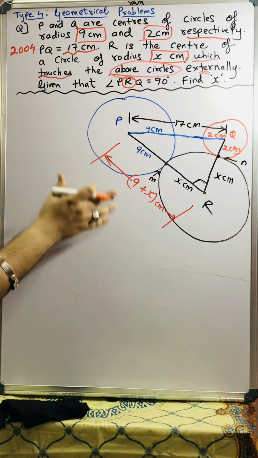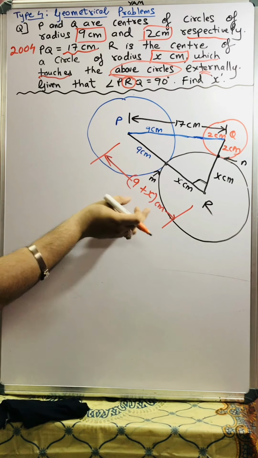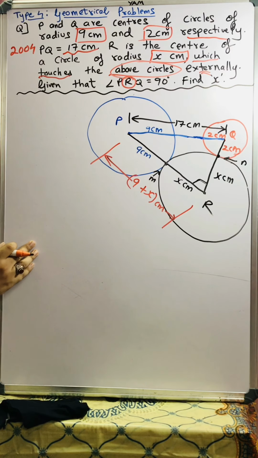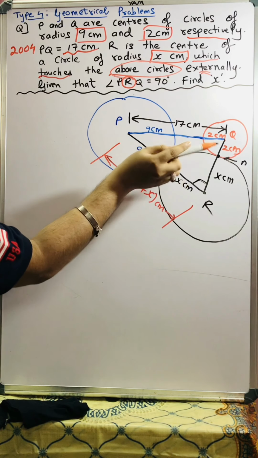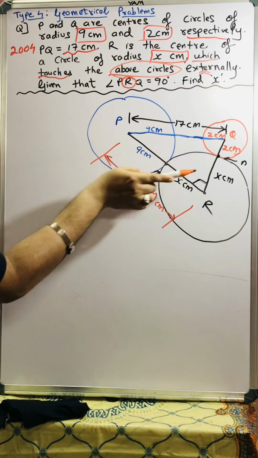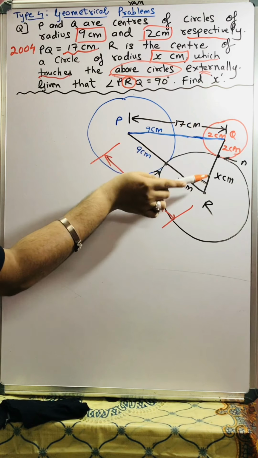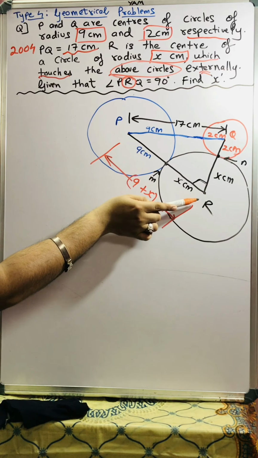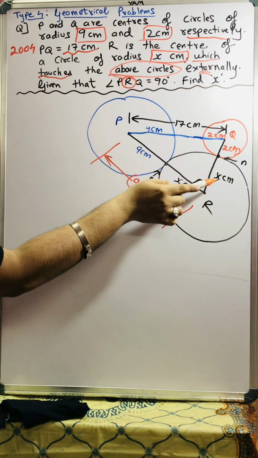See, this is a way to write the dimensions. We have to draw two lines and like this arrow over here. Similarly students, if I ask you QN, please see this, QN is 2 centimeter, that's the radius of orange circle, and NR is the radius of this black circle, x centimeter.